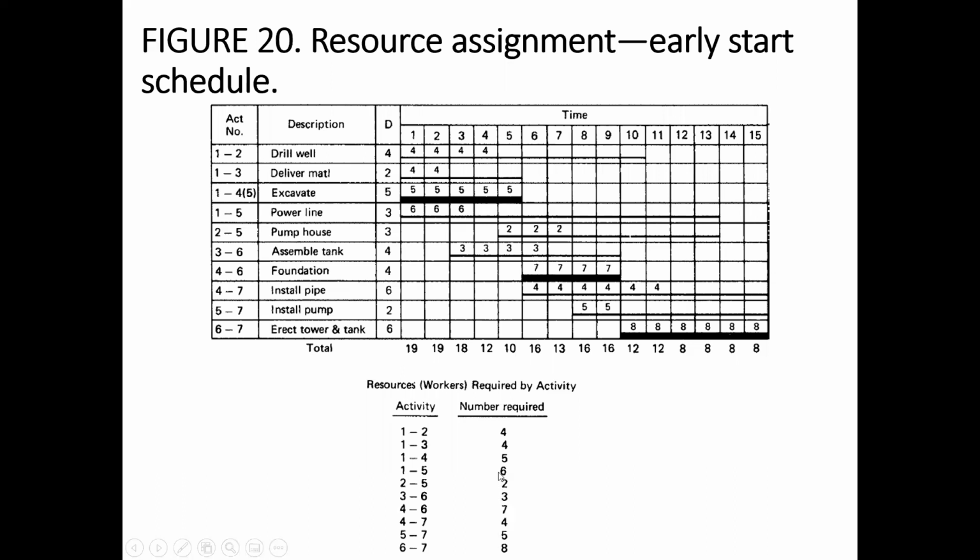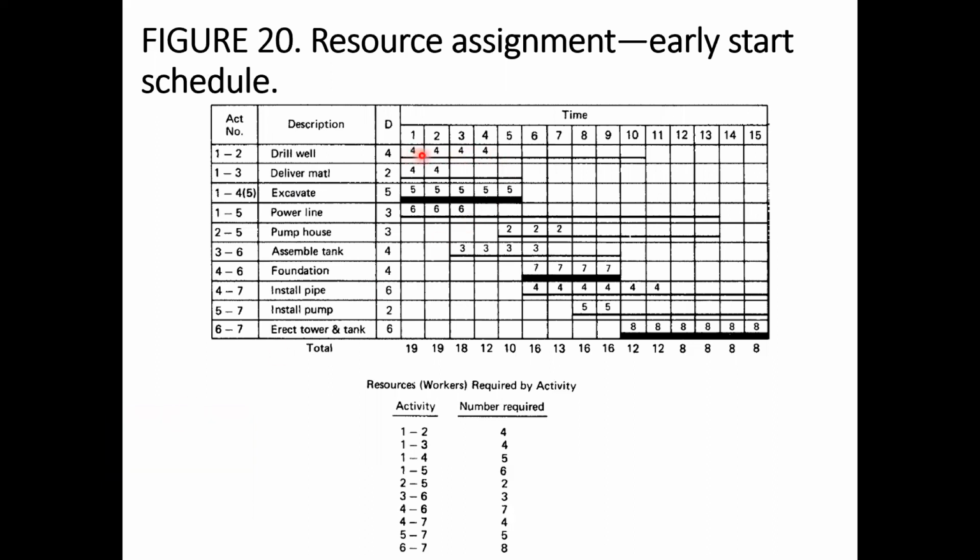We can have many different types of resources: human resources, materials, as well as machinery. For simplicity, we assume that we are only looking at the human resources, or the number of workers needed. For the drill well activity, each week we will need 4 workers. The 4 under the duration column shows the 4 weeks, but the 4 over here shows that we need 4 workers to work each week on this drill well activity.